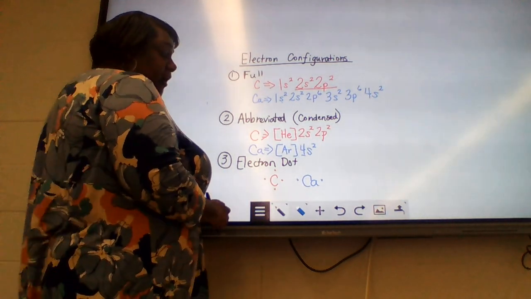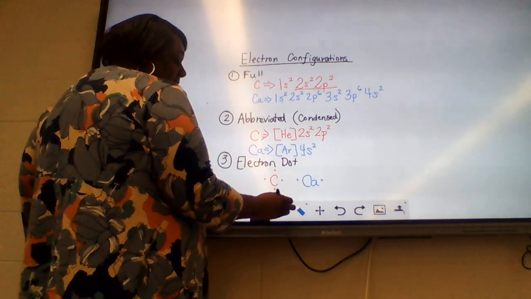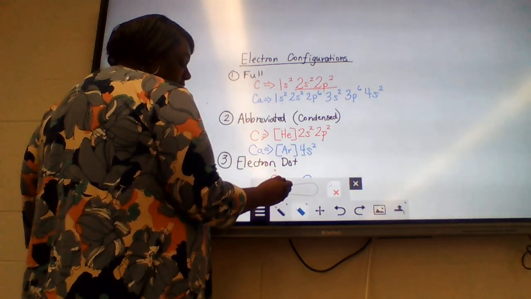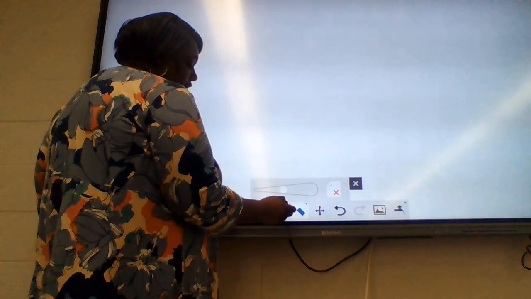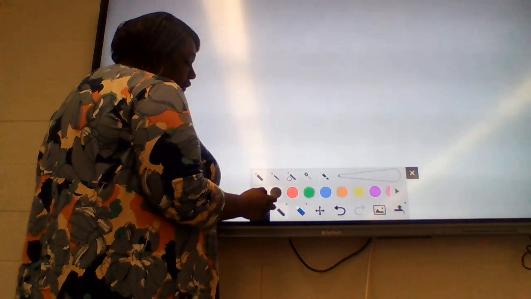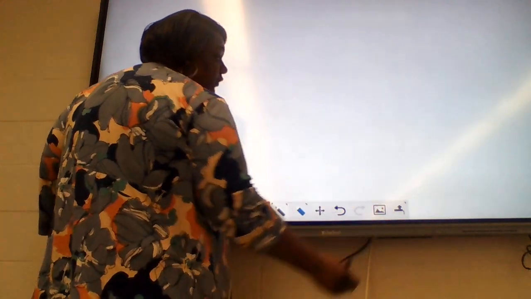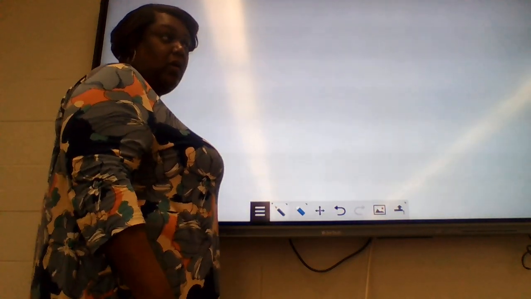Now, that takes care of those first 3 kinds of electron configuration. Normally, students are able to do those first 2 fairly well.